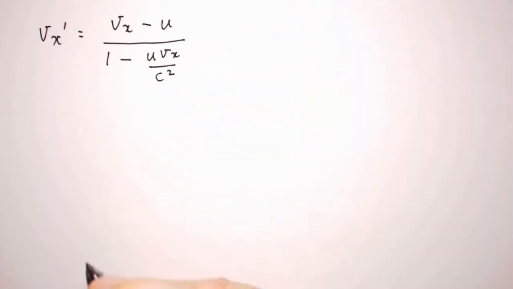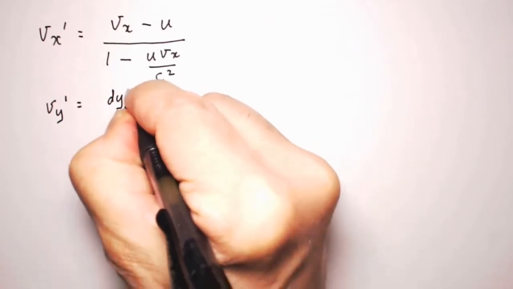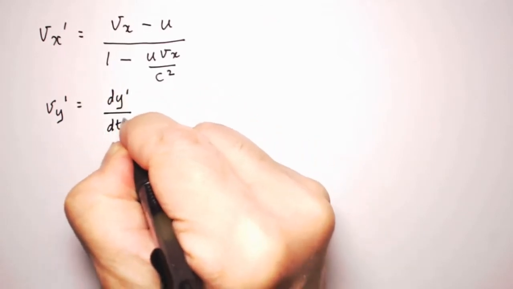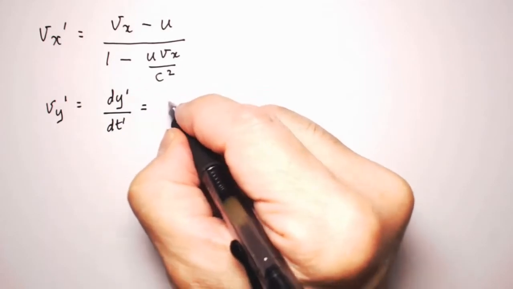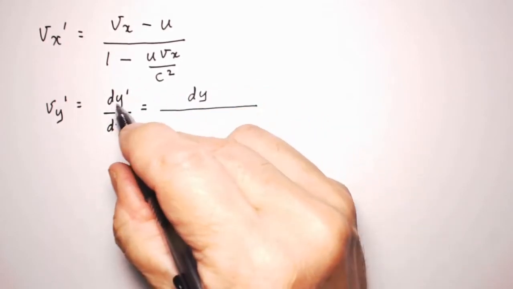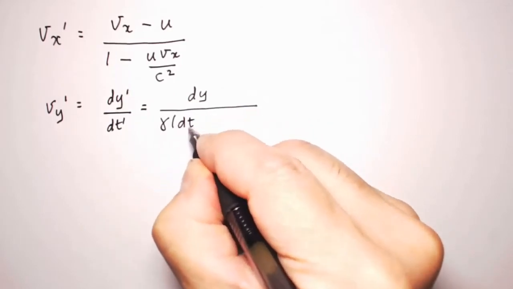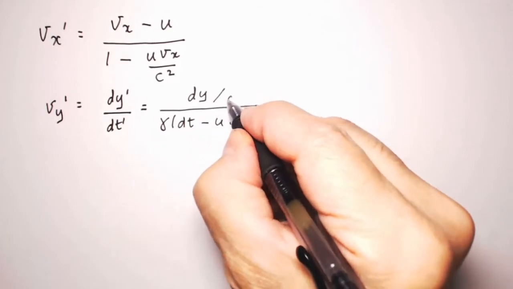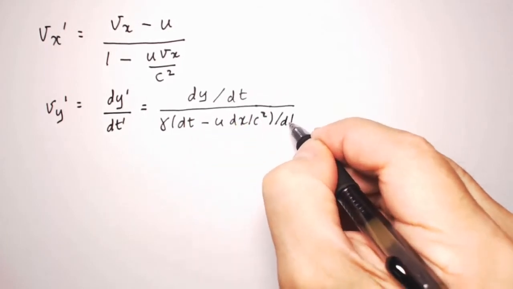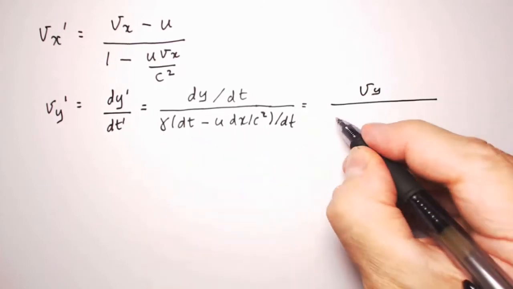In the y direction, we are going to follow a very similar procedure. We divide dy prime by dt prime, and then we write that out as dy, since dy prime equals dy, and the dt prime is given by this, and then we divide top and bottom by dt. That's the important step. So dy by dt is vy, and below we get gamma.